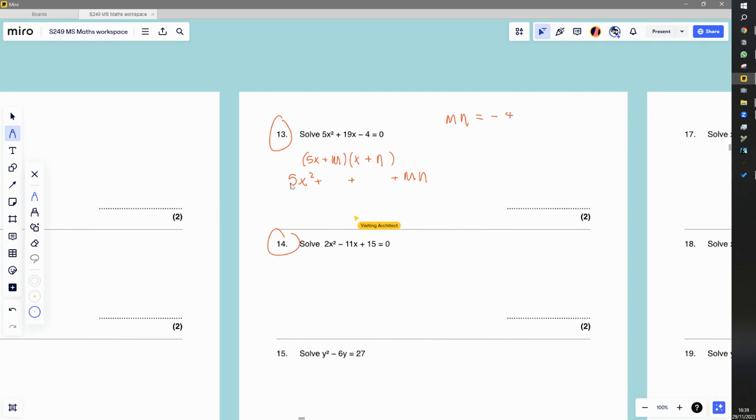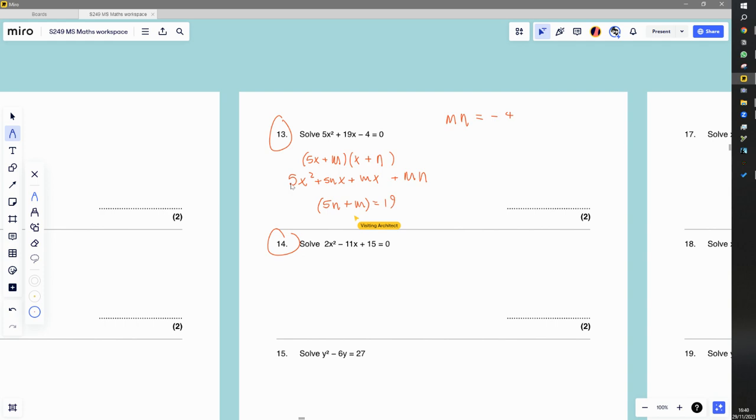Now the middle terms are what makes it different, because n times 5x is going to be 5nx. Then m times x is just mx. So now we can see that 5n plus m is going to equal 19.